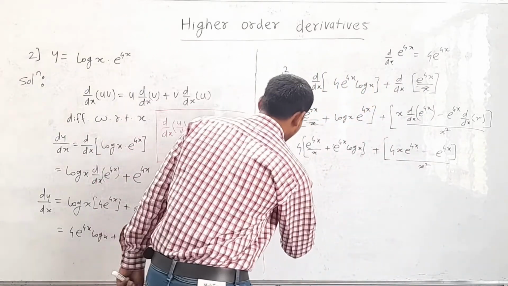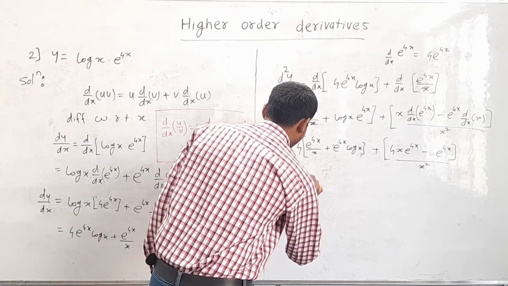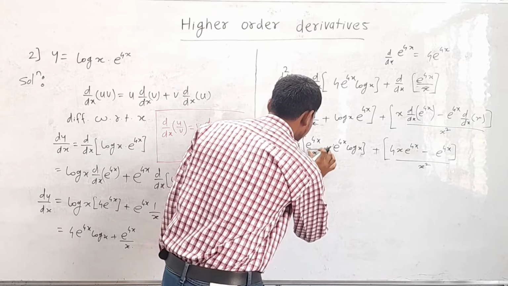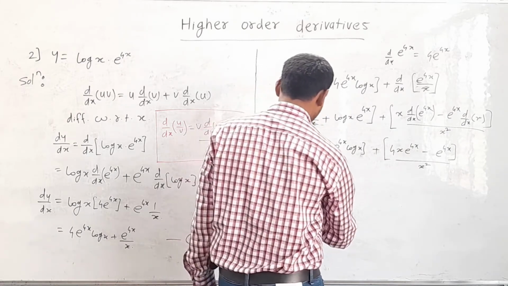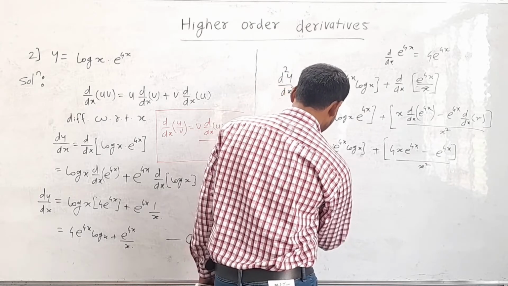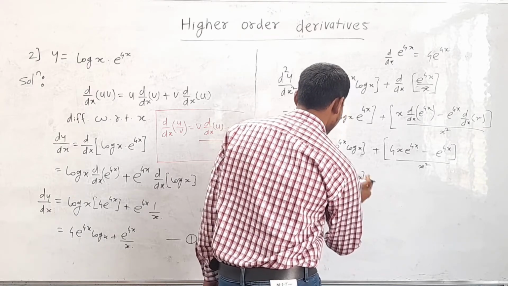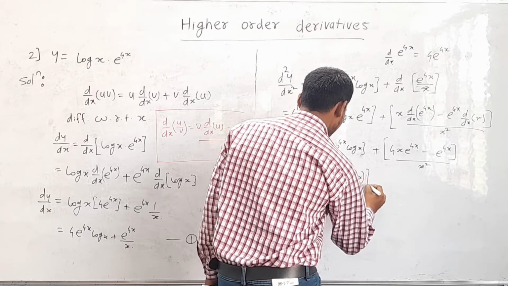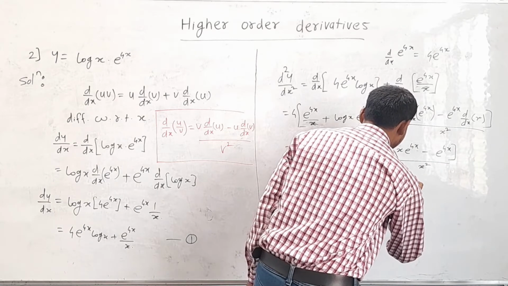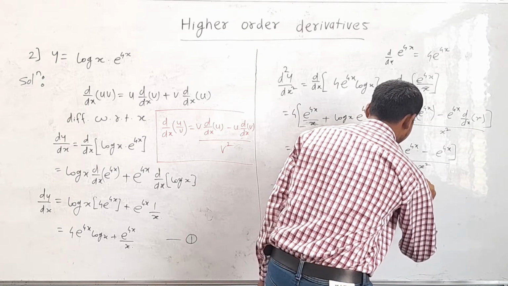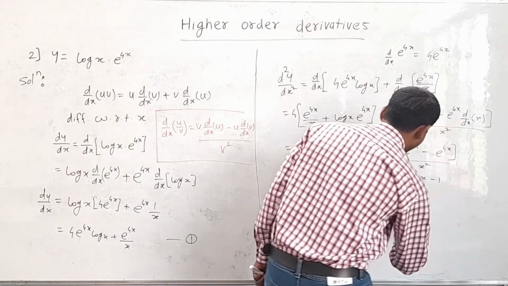Now we can take common 4 e raised to 4x, times 1 by x plus log x, plus e raised to 4x common, times 4x minus 1, the whole divided by x square.